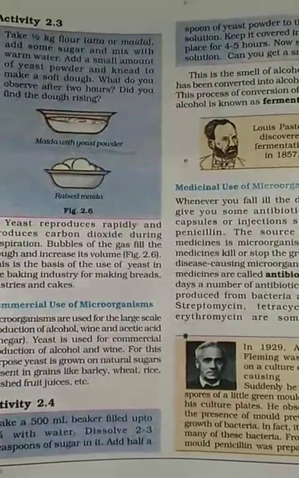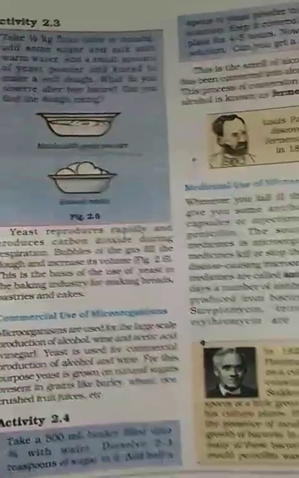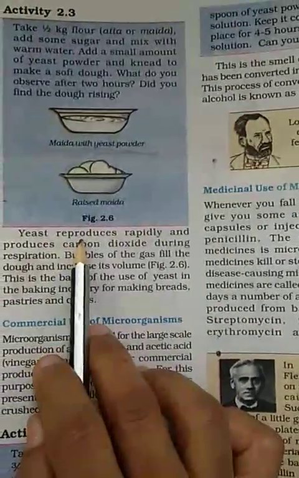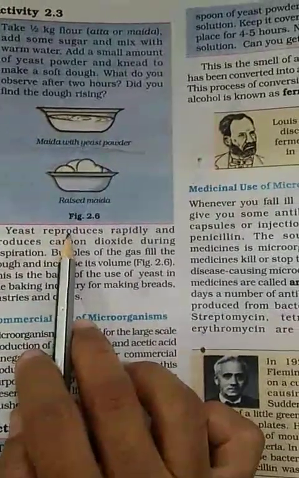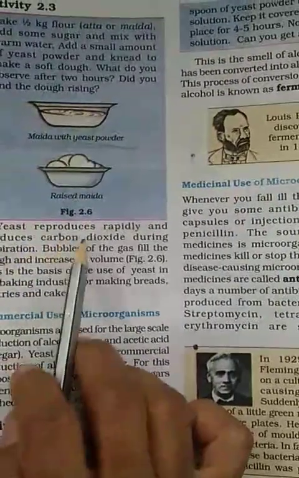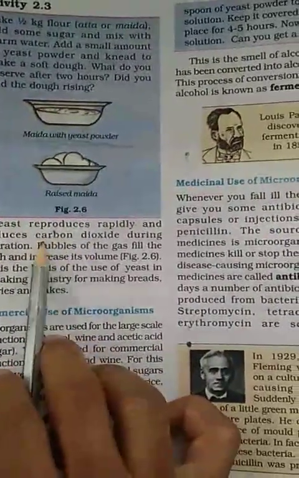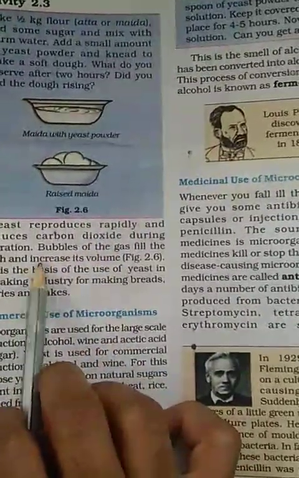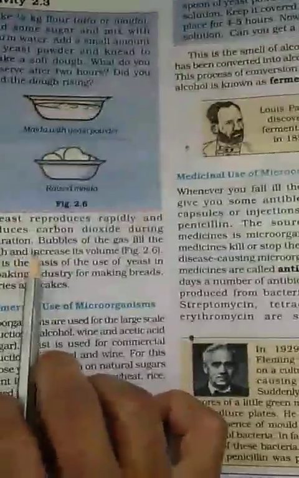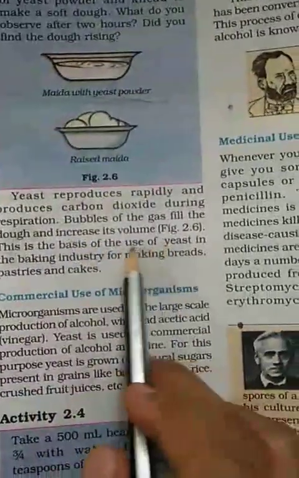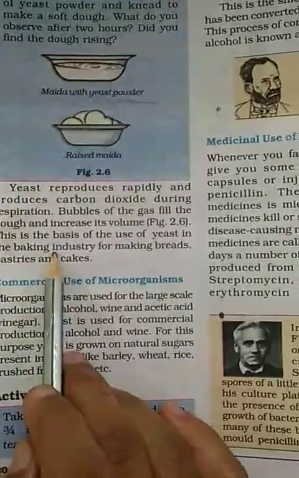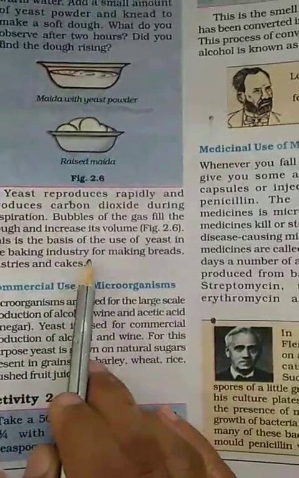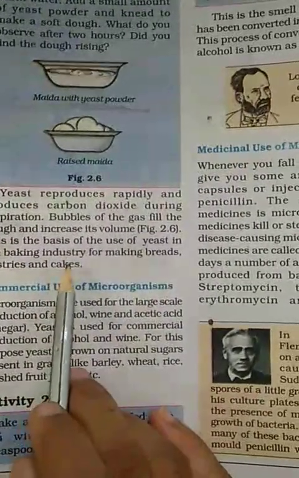Bubbles of the gas fill the dough and increase its volume. Whenever yeast is added, it multiplies rapidly and produces carbon dioxide during its respiration, and that's why the dough increases in volume. This is the basis of the use of yeast in the baking industry for making breads, pastries and cakes.